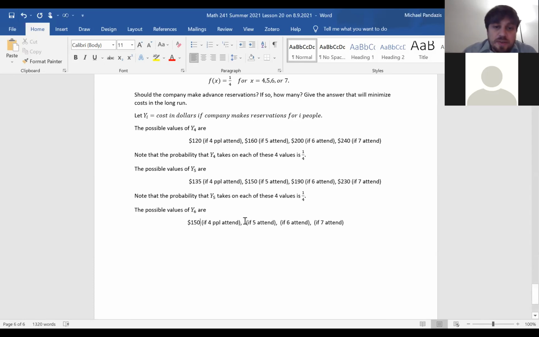The next one is, well, 5 people attended, and so they have to pay another cancellation. If 5 people attend, then they paid the bargain rates for 5 of them. So that's 5 times 30 is 150. They paid a cancellation fee for 1, so that's $165.